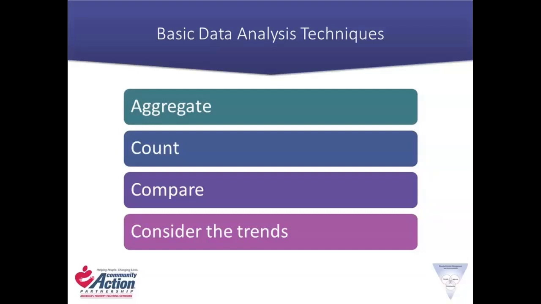And then it must be useful. It must be able to answer some questions that you want to see that it answers. And then we're going to look at these few basic analysis techniques: aggregate, count, compare, and consider the trends. And we're going to talk about each of those.